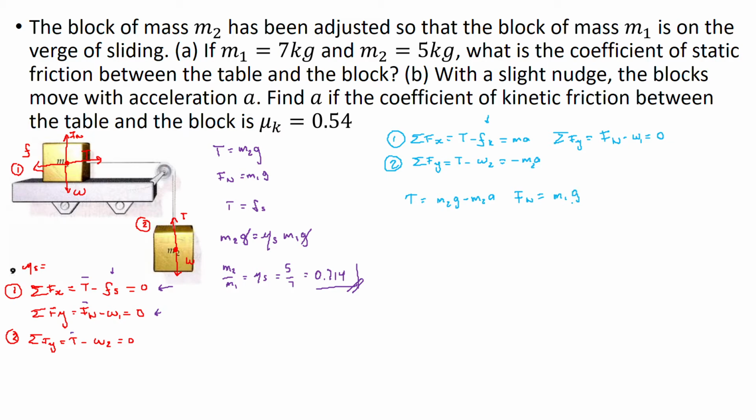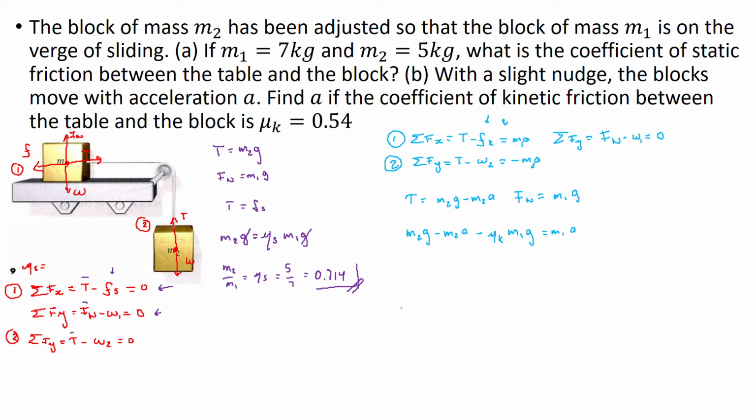Now I'm going to plug all those equations into the first one, x. So this is going to be mass 2 gravity minus mass 2 acceleration minus mu k mass 1 gravity, and this is going to be equal to mass 1 acceleration.